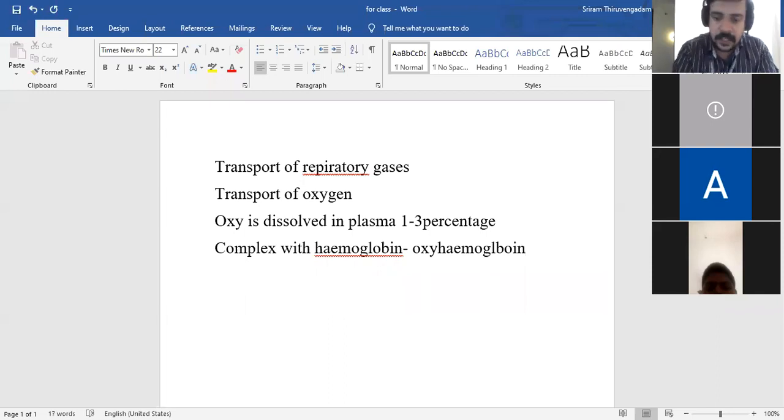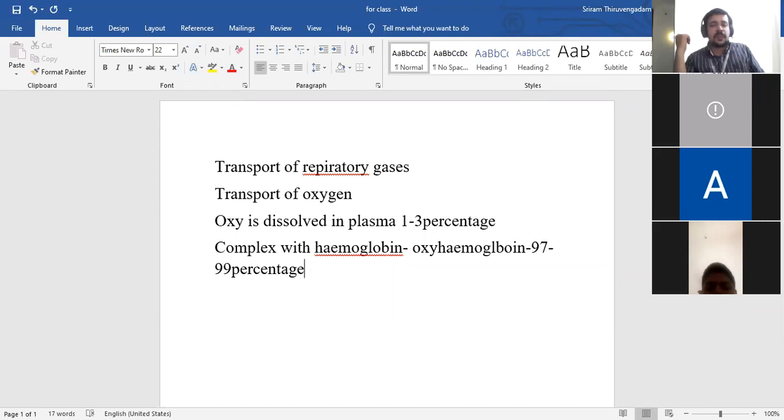And please make a note that 97 to 99% of oxygen is transported this way. So oxygen is able to form a complex with hemoglobin, which is called oxyhemoglobin, and 97 to 99% of oxygen is transported through this way.